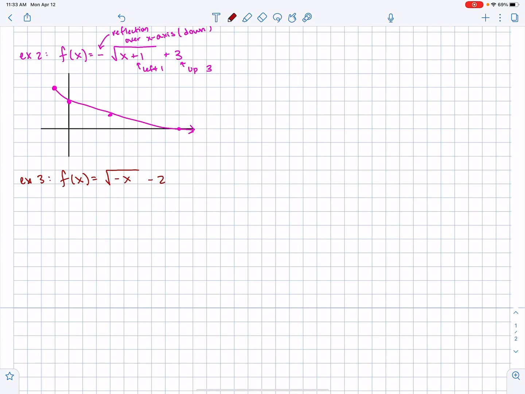minus 2. Now, we haven't really looked at this reflection before, but because the negative is inside the parentheses, it's actually a reflection over the y-axis.